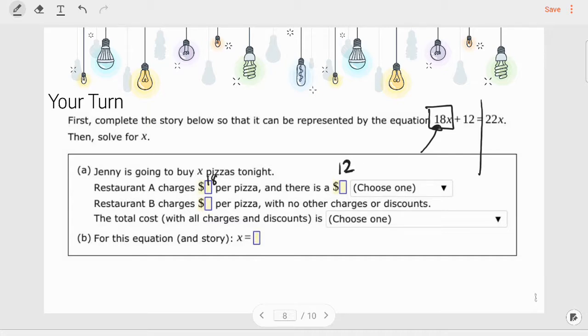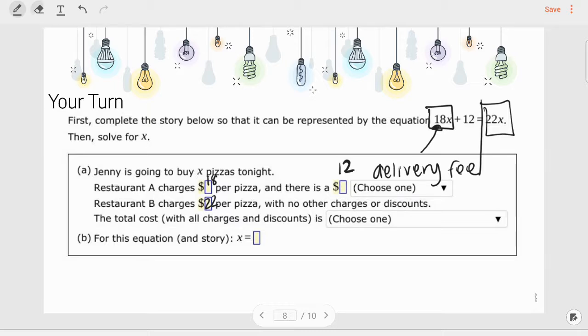Well, it's not going down, so I don't have a discount. It's going up, so there must be a $12 delivery fee for restaurant A. Restaurant B only has 22x. So they charge $22 per pizza, which is slightly more, but they don't charge a fee to deliver.